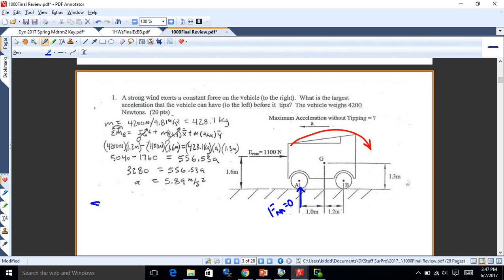The equation you'll use will be the sum of moments equals I_G alpha plus m a_G_x y-bar plus m a_G_y x-bar. That's how you do those. These things are challenging, I'm aware of that, but to help you with that, I would really suggest you first be able to identify these things and how to approach them.